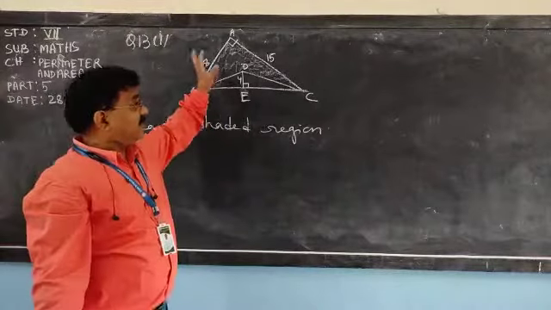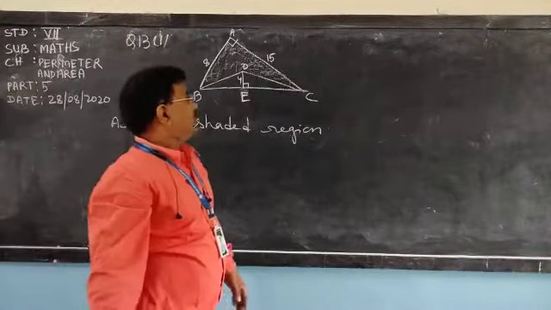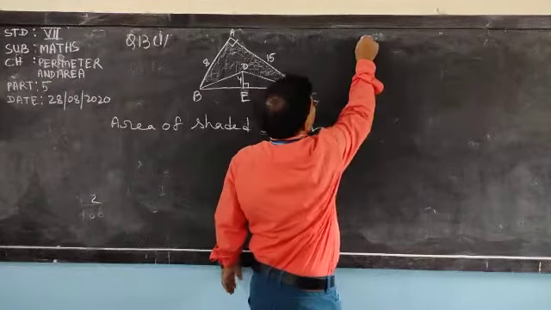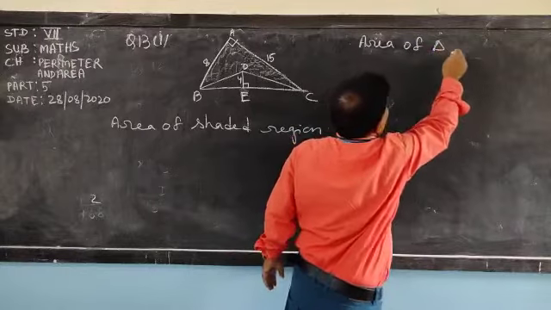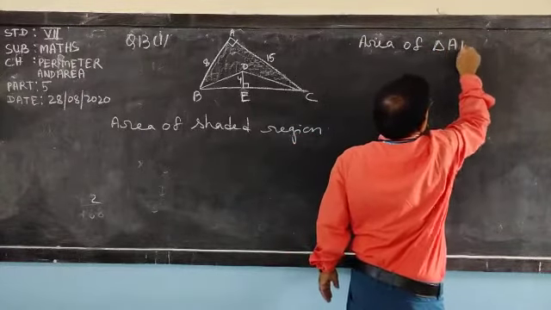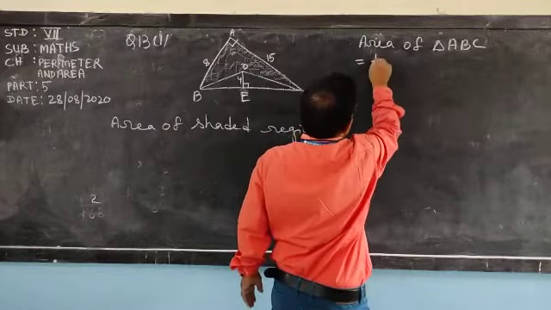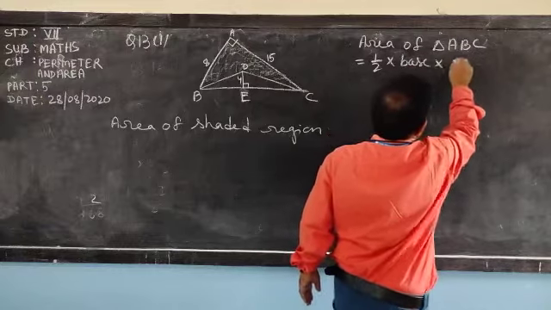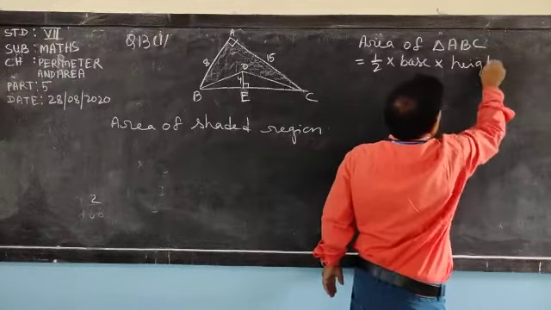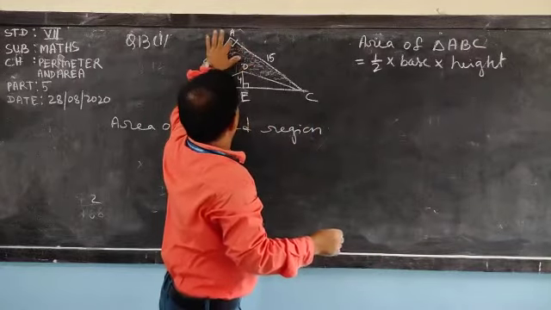So first, let us find the area of the large triangle. Area of triangle ABC is equal to half into base into height. Now see, this one is the right angle.